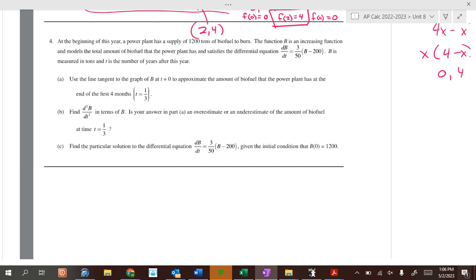Use the line tangent to the graph of B at t equals 0 to approximate the amount of biofuel that the power plant has at the end of the first 4 months. Time equals 1/3.